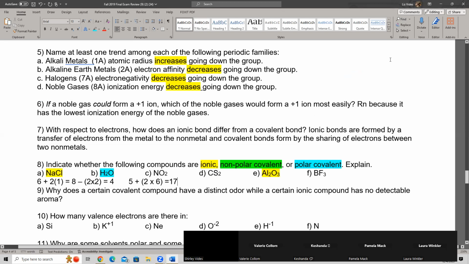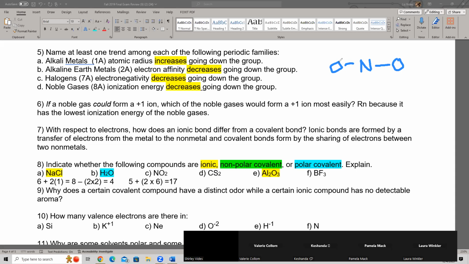Okay, so nitrogen is in the middle in this one. Nitrogen, oxygen, we have 2 of them.